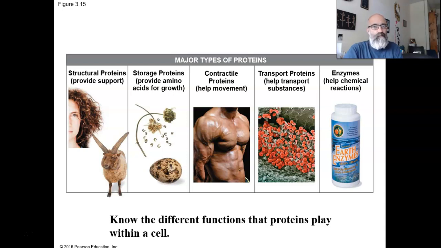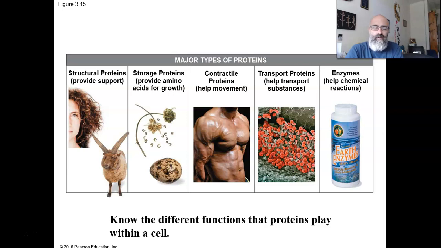Proteins are involved with movement of our body by contracting actin and myosin in our muscles. They are responsible for movement of cells. Inside of cells, the organelles are moving around on the cytoskeleton. There are proteins that are involved with moving things in and out of cells.